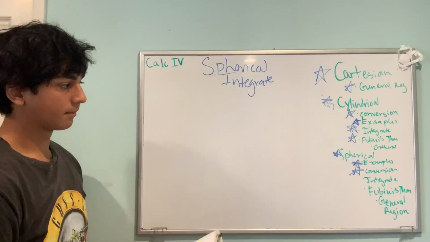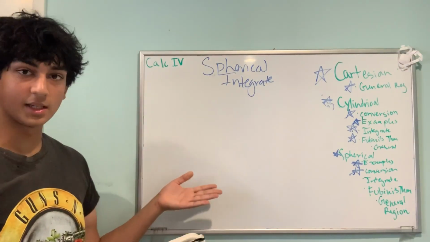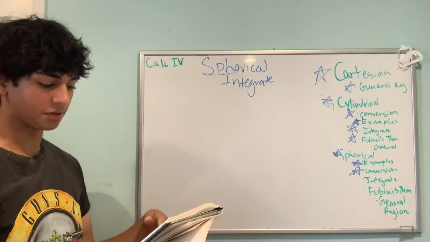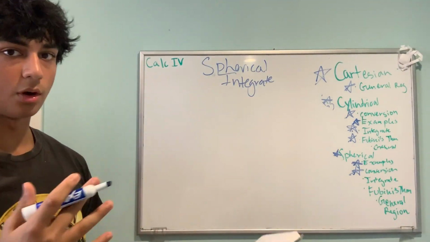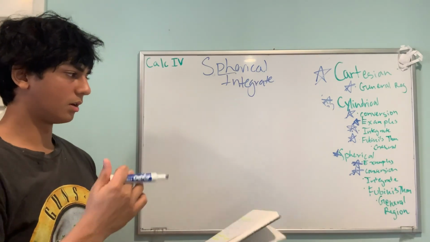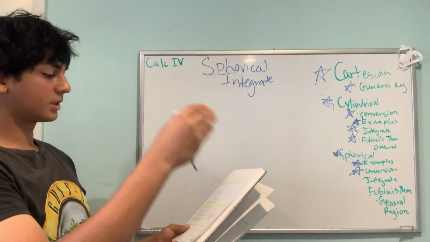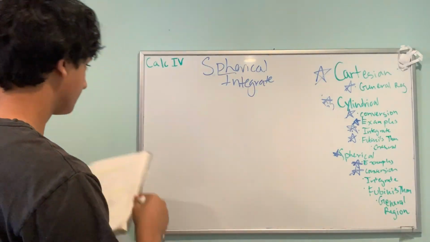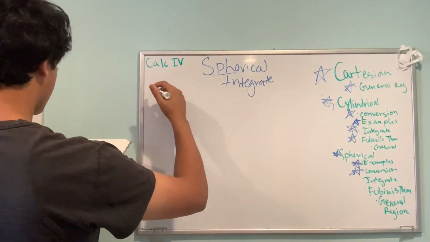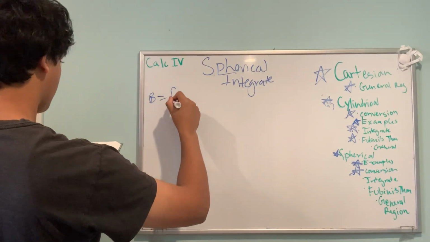So, our goat, Fubini, also has a general region formula coming down, but let's start with the simple bounded spherical box to start with. So for some box, let's define it by this.